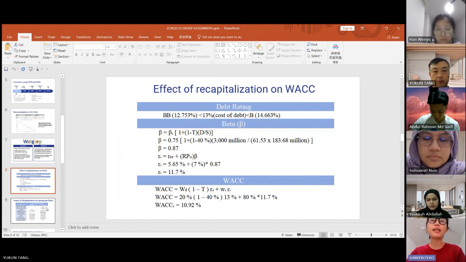The reason for this change is the increase in beta from 0.75 at the old level to 0.87 at the new debt level and the relevant debt ratios. So those changes show no effect on the value of the firm.